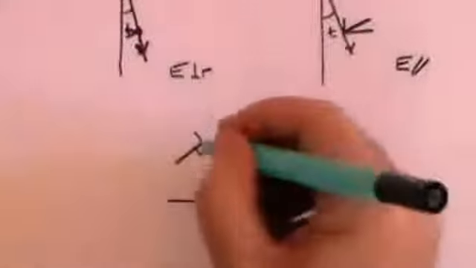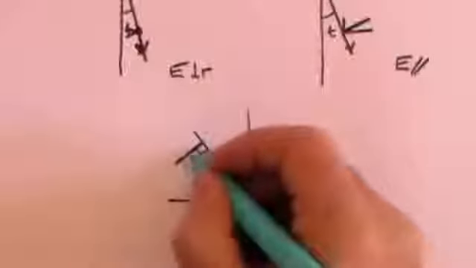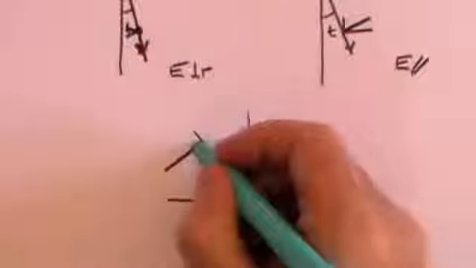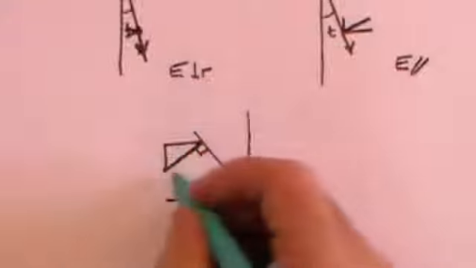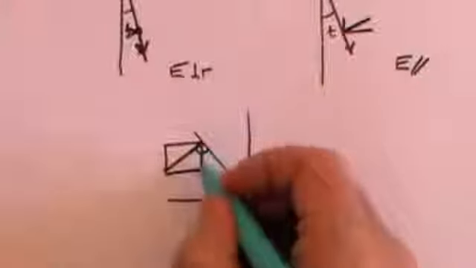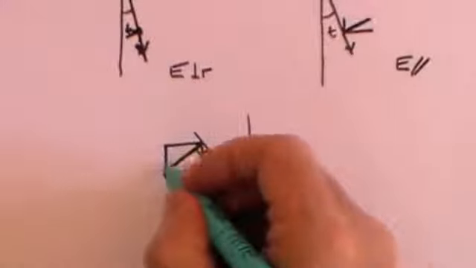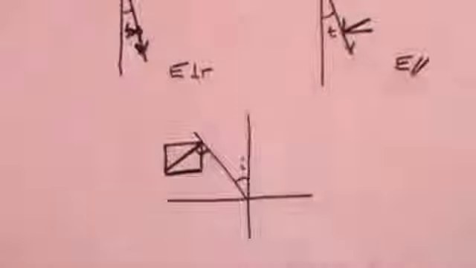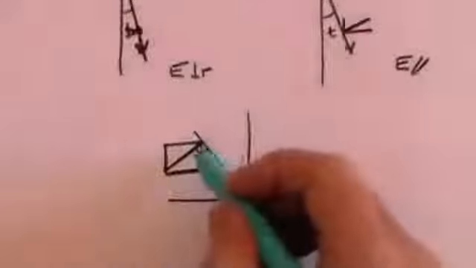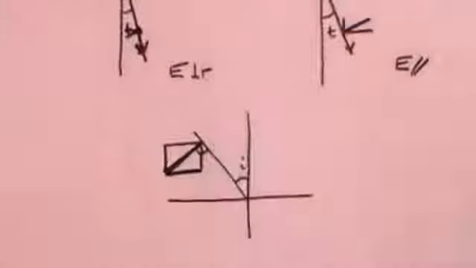We can resolve this B field, let's make it a bit bigger so we can see what we're doing, into two terms. We've got a vertical term and a horizontal term. That is just simply resolving this B field in its two component parts.